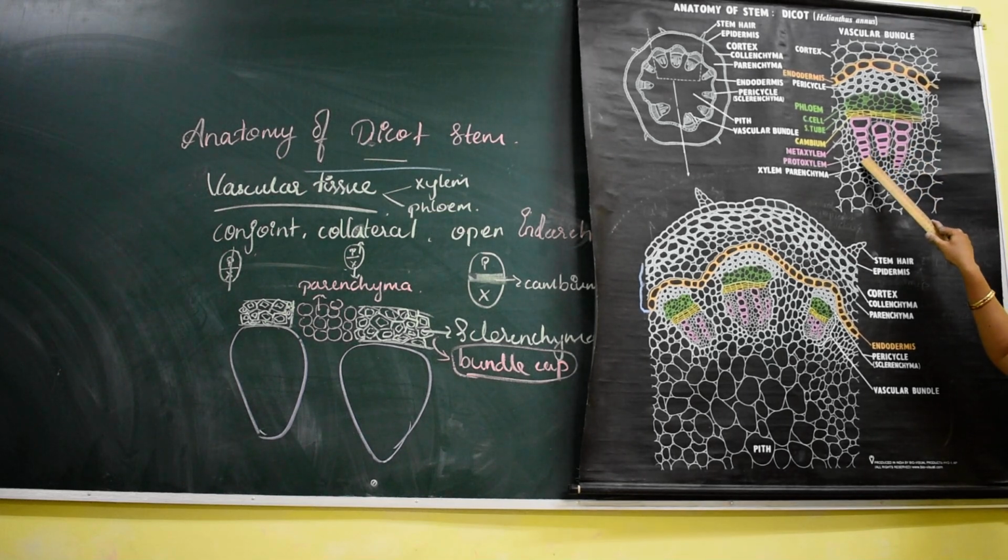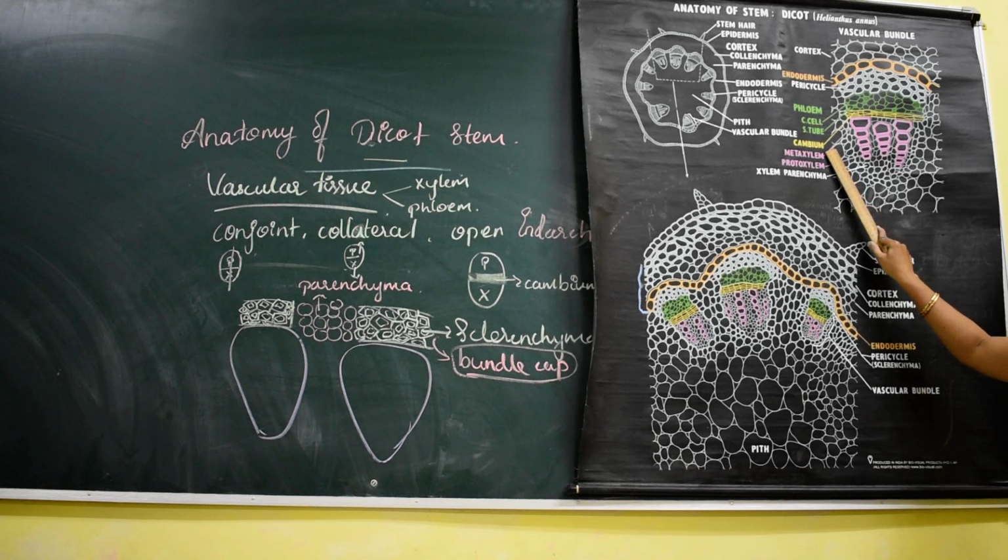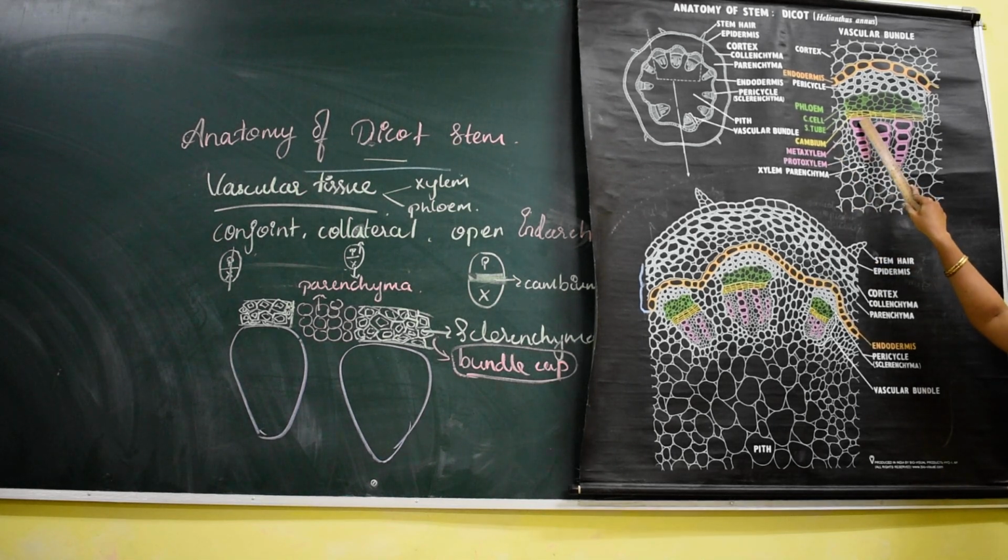Here you can differentiate. The protoxylem is the smaller one, which is the first formed xylem. The later formed xylem, with a wide lumen, is called metaxylem. This is proto and this is metaxylem.